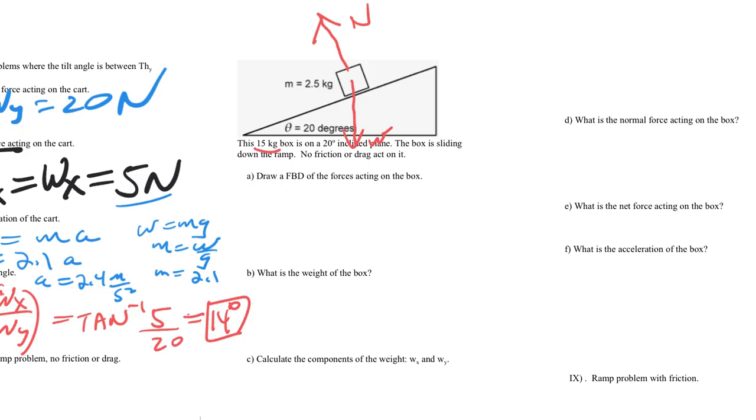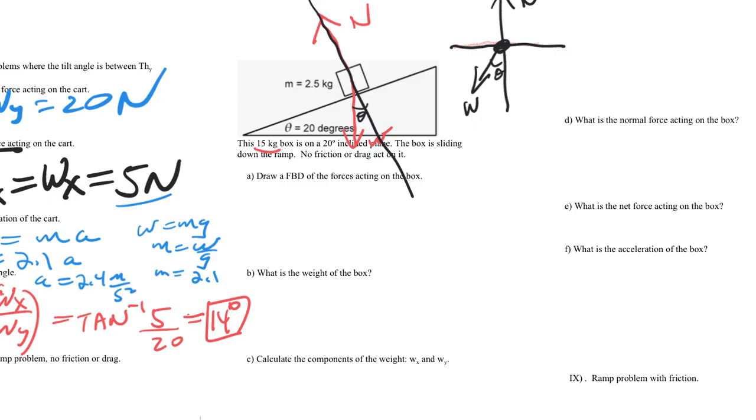So let's straighten that free body diagram out. There's the box. There's my y-axis, so normal force is going up, and the weight's tilted over there. There's the angle from the y-axis. That's all I got.